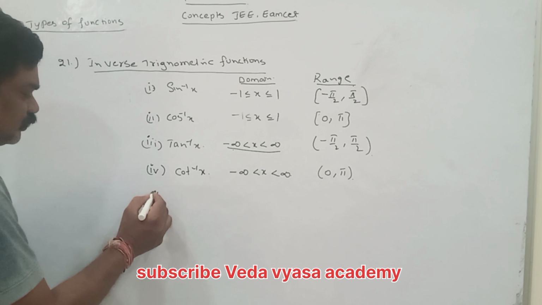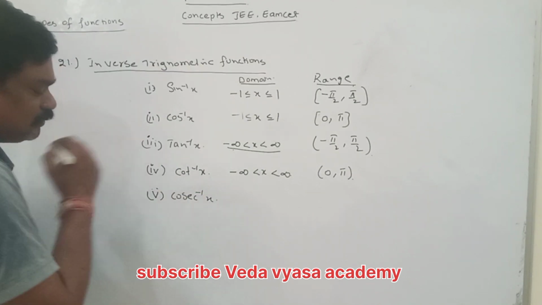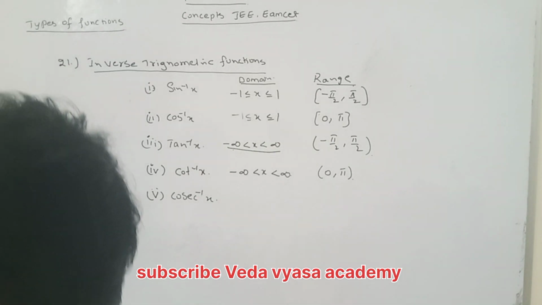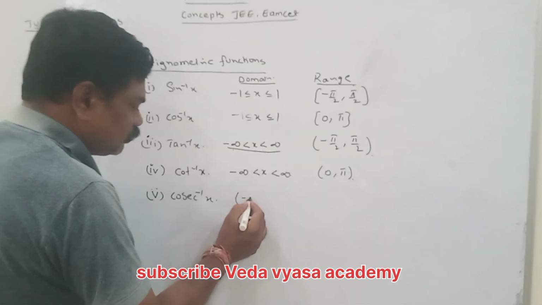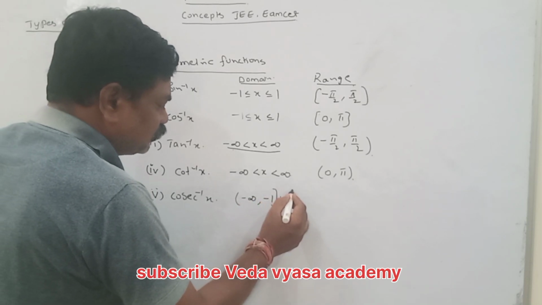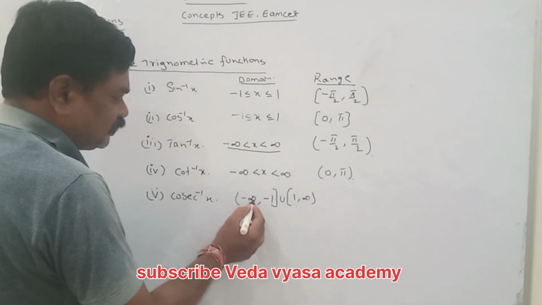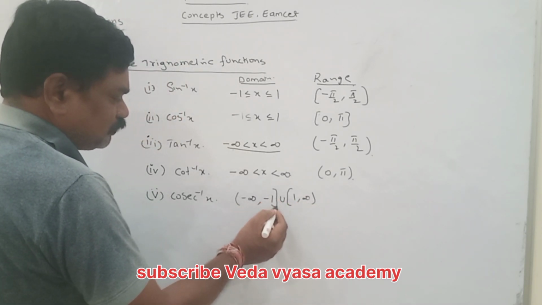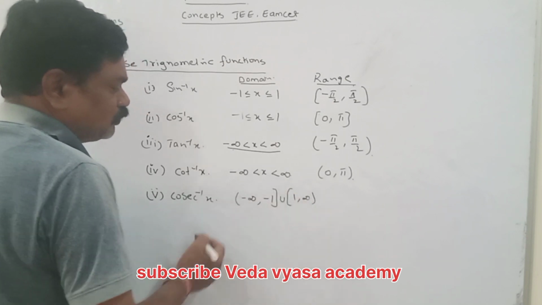Next, cosecant inverse x. The domain of the function is open minus infinity to minus 1 closed, union closed 1 to infinity open.